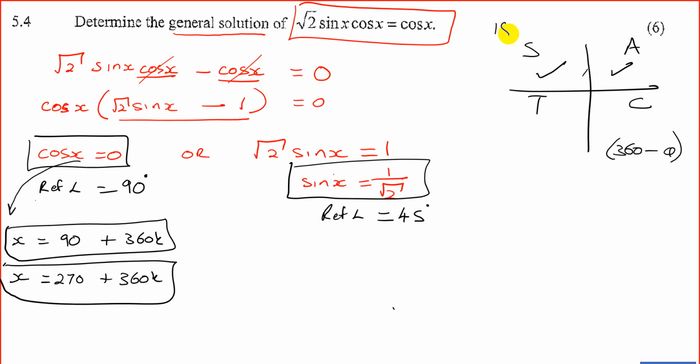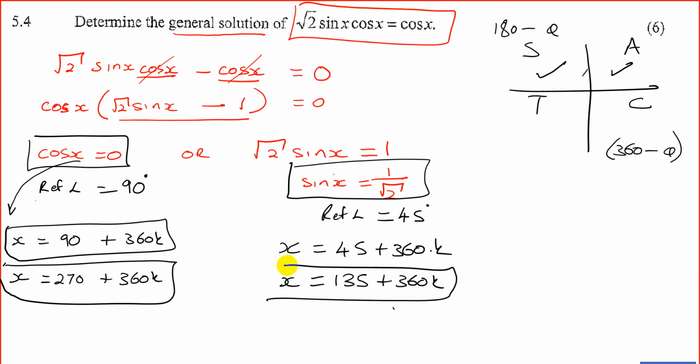The angle formula in quadrant 2 is 180 minus our reference angle. So we end up with x equal to, in quadrant 1, 45 plus 360k, and in quadrant 2, 180 minus 45, which gives us 135 plus 360k. And there we have our solutions for this trig equation.